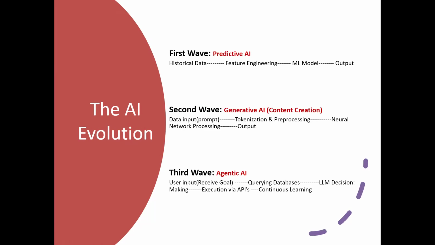Here, the user inputs or receives the goals, and it will provide high-level instructions like optimize warehouse shipments for maximum efficiency, right? And unlike GenAI, which generates text, agentic AI executes real-world actions.